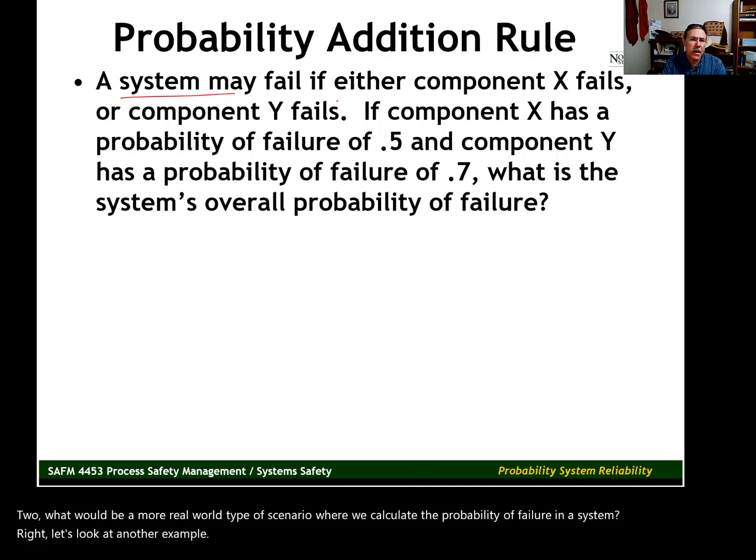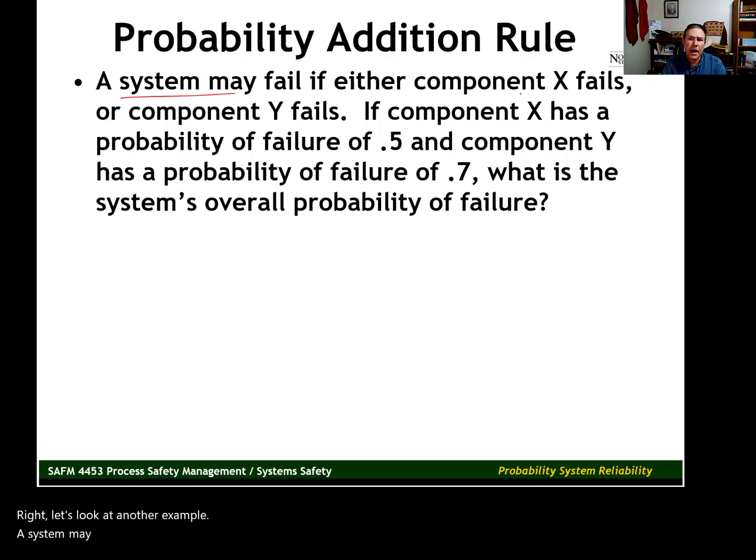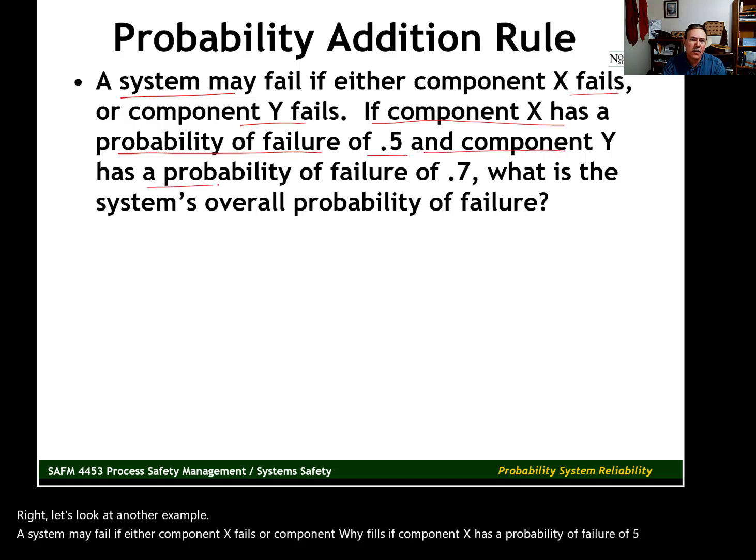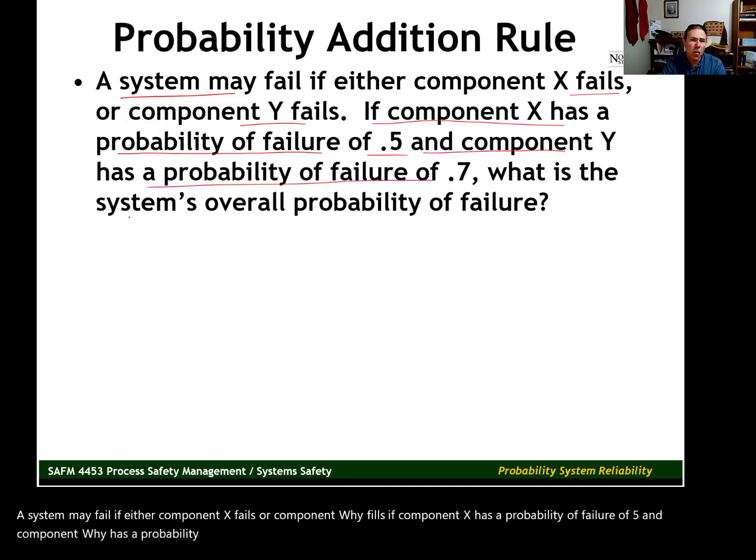A system may fail if either component X fails or component Y fails. If component X has a probability of failure of 0.5 and component Y has a probability of failure of 0.7, what is the system's overall probability of failure?